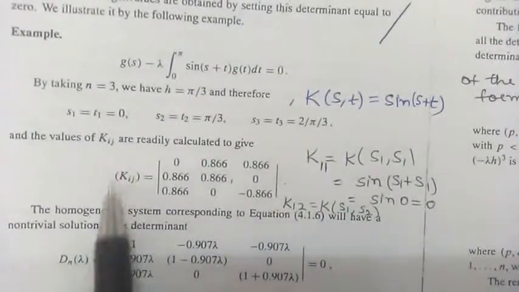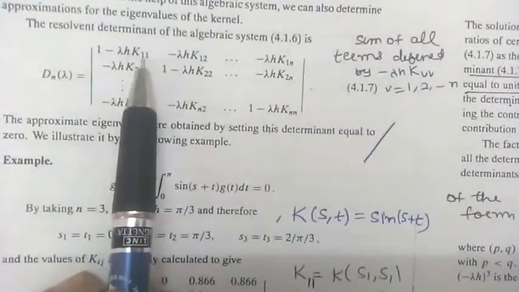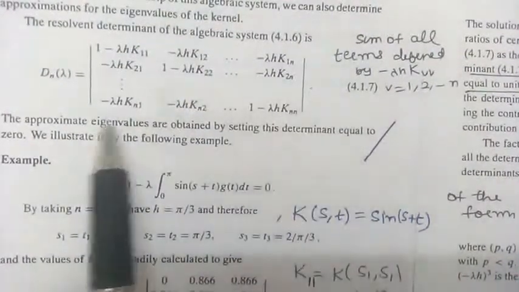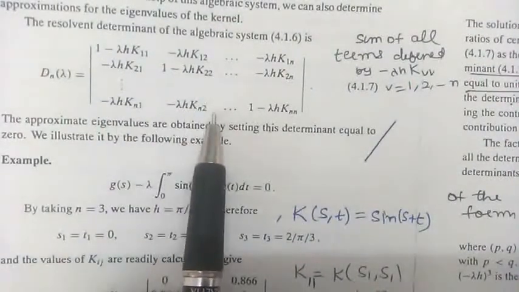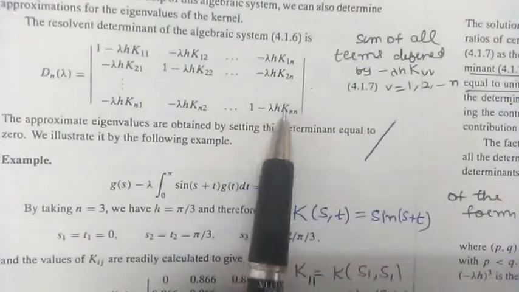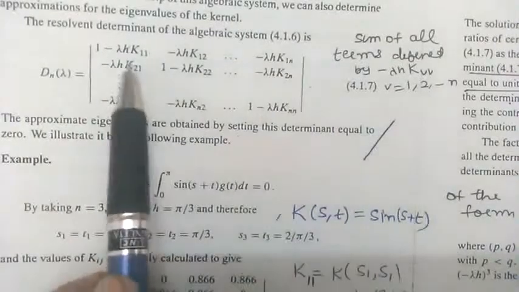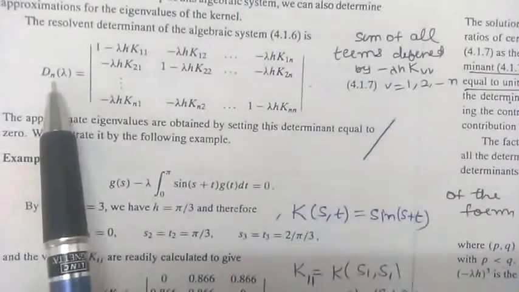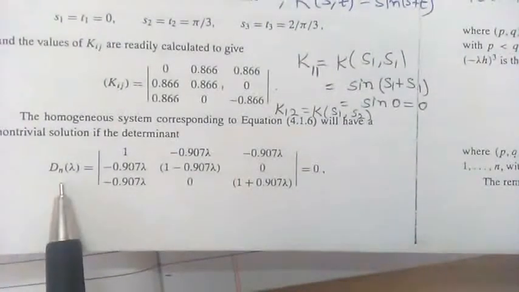Now we have obtained all the kij's, so we can put all these values in the resolvent determinant, having the first row 1 minus lambda h k11, minus lambda h k12, minus lambda h k1n and so on, and the last row minus lambda h kn1, minus lambda h kn2, and so on, 1 minus lambda h knn. Substituting all these values in this determinant, we get the resolvent determinant of the system, which is D_n(lambda).